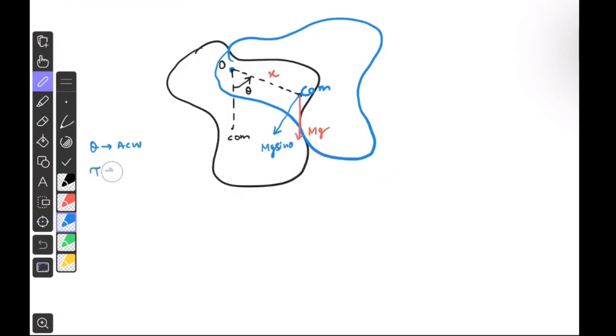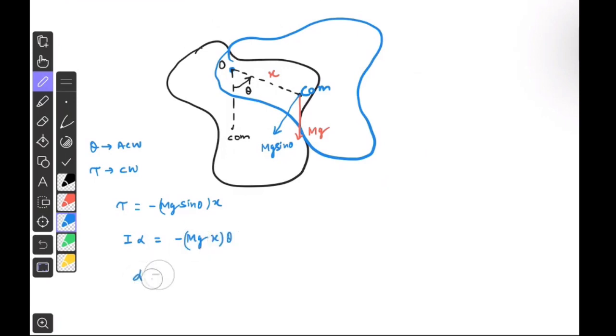Torque is going to act in the clockwise sense. Torque due to mg will be minus mg sine theta into x. Torque about point O, which I have to consider here, will be I alpha. That will be equal to minus mg x sine theta, and if theta is small, it will become minus mg x into theta, no?